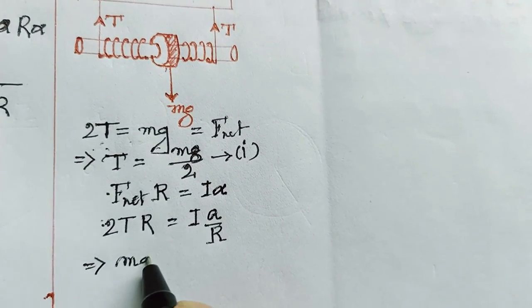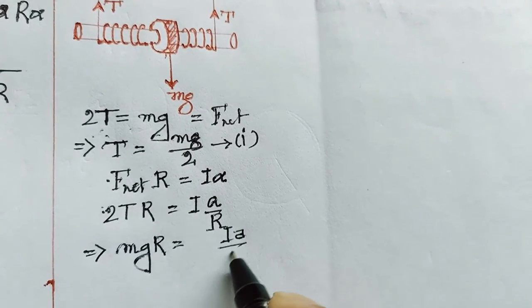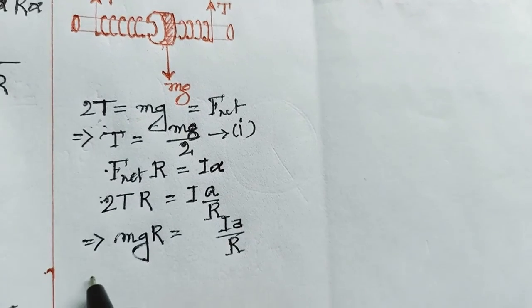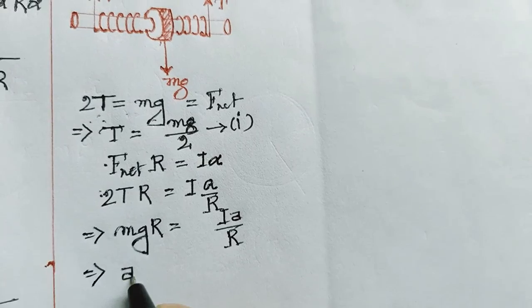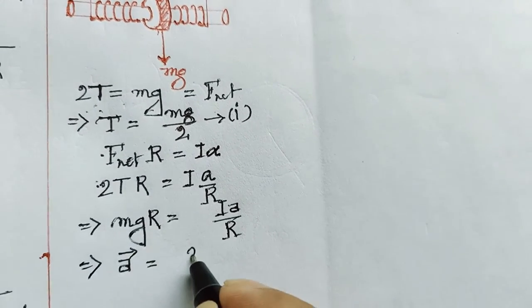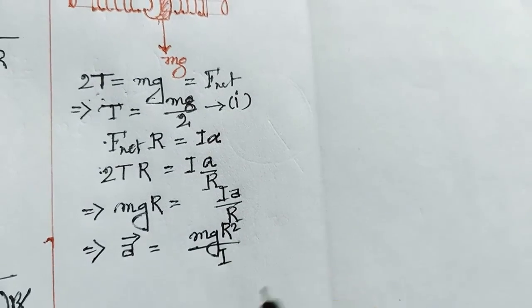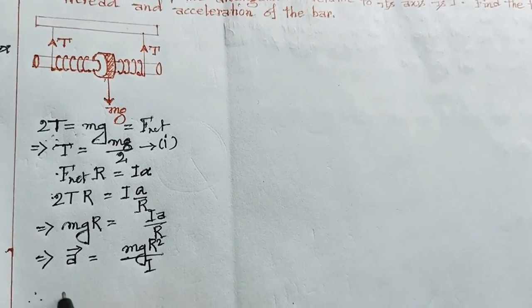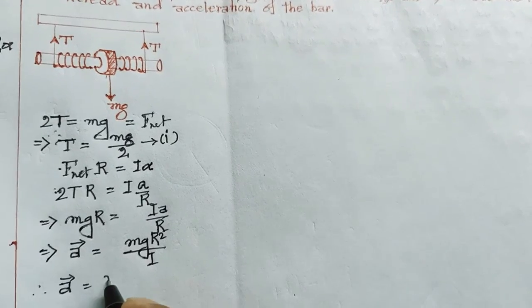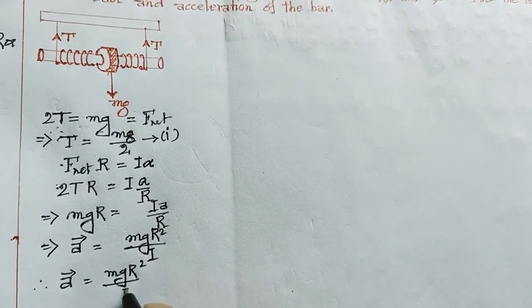So we can write mgR equal to I A divided by R. Now we have to find the acceleration of the system. For the acceleration of the system, A will be mg r square divided by I. So this is our required acceleration of the system.